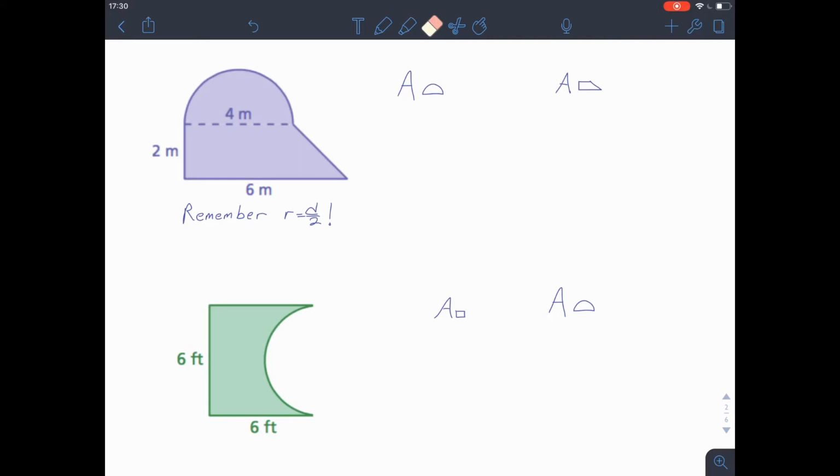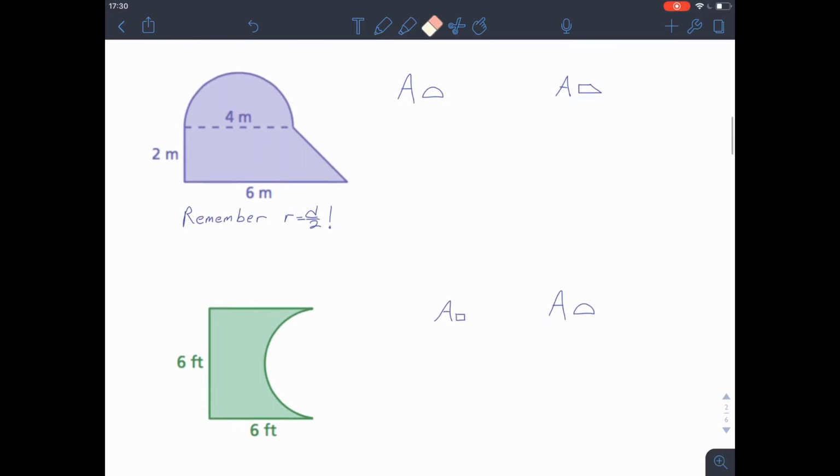So I have a semicircle here and a trapezoid, and I need their formulas from my formula sheet. Well, a trapezoid is actually easy enough. On my formula sheet, it tells me that the area of a trapezoid is 1/2 the sum of its two bases times its height. So all I have to do here is plug in my numbers, and I can solve it.